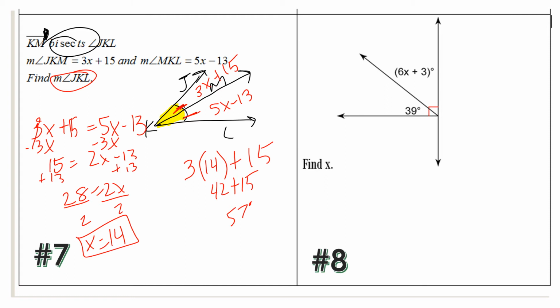Now, if this is 57 degrees here, they are congruent. That means that they are the same. They equal each other. So we have 57 and 57. To find the measure of the whole entire angle, angle JKL, we do 57 plus 57, which is 114 degrees.